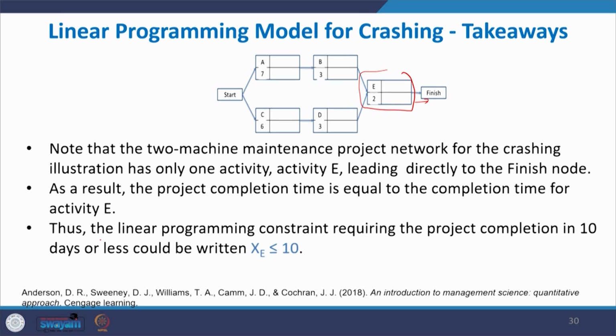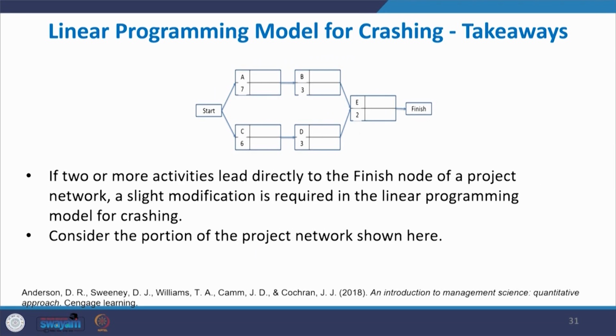Thus, we can directly write the linear programming constraint requiring the project completion in 10 days or less as XE less than or equal to 10. Sometimes there will be two activities that lead to finishing. For example, if two or more activities lead directly to the finish node of a project network, a slight modification is required.